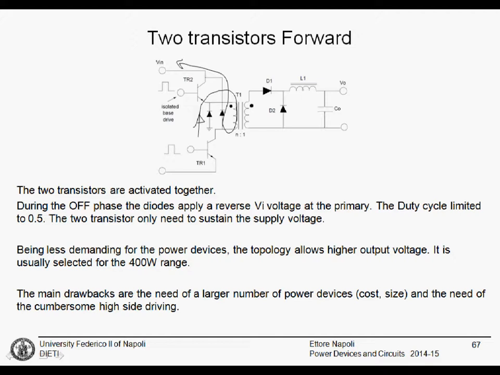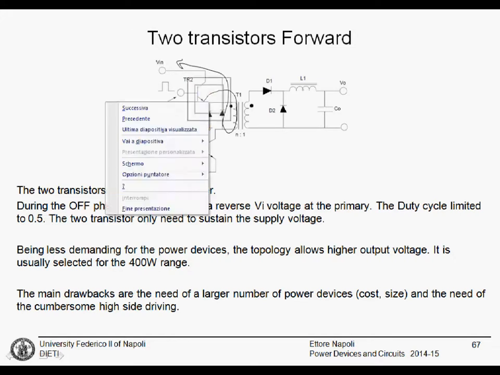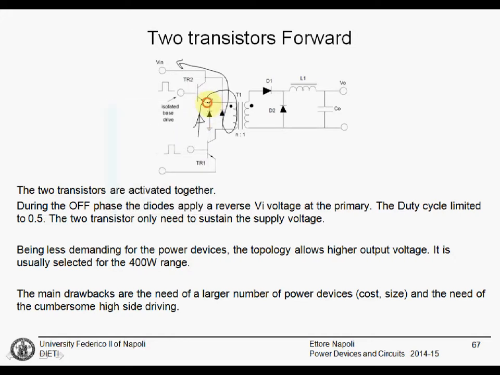Which are the advantages? Why do all this? As you can see, when this happens, this voltage here is more or less 0. The voltage here, this diode is short-circuiting, is more or less Vin.